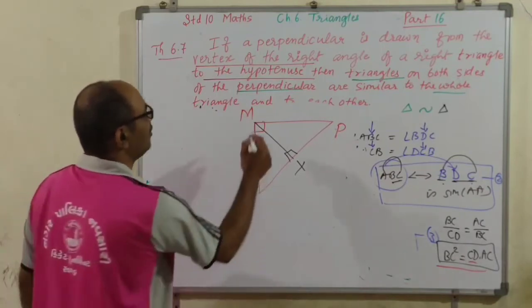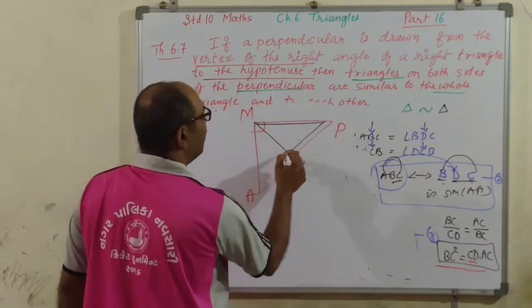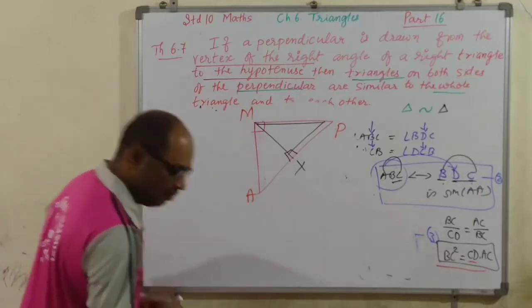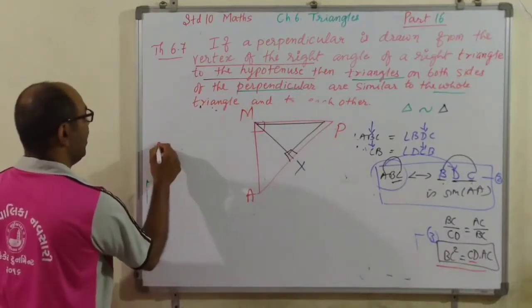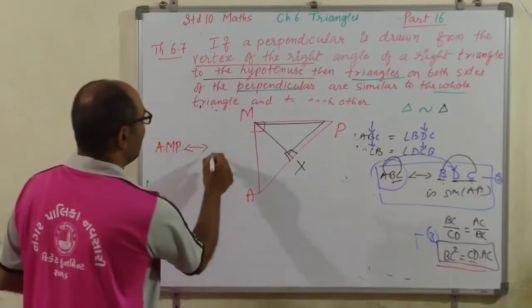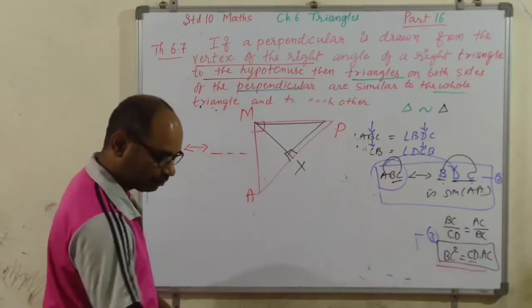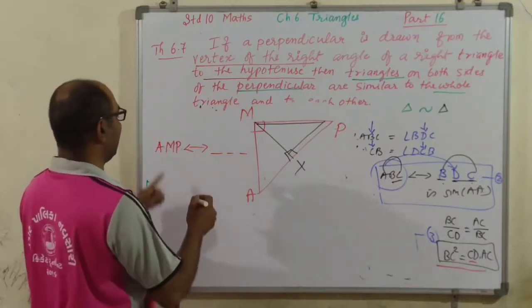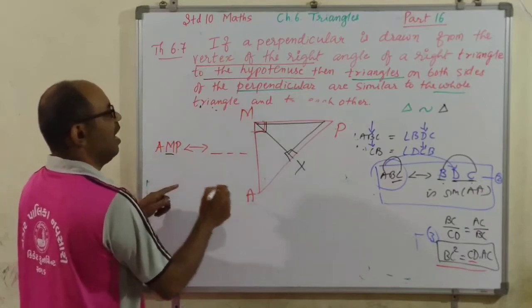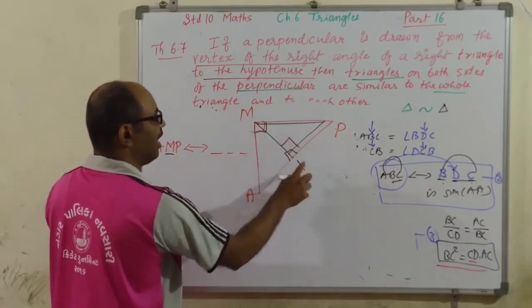Now you know this triangle is similar to the red triangle. In the red triangle, let me say AMP corresponds to, you have to write it directly. Okay, which is the right angle in the red triangle? M. So that M. And which is the right angle in the black triangle?